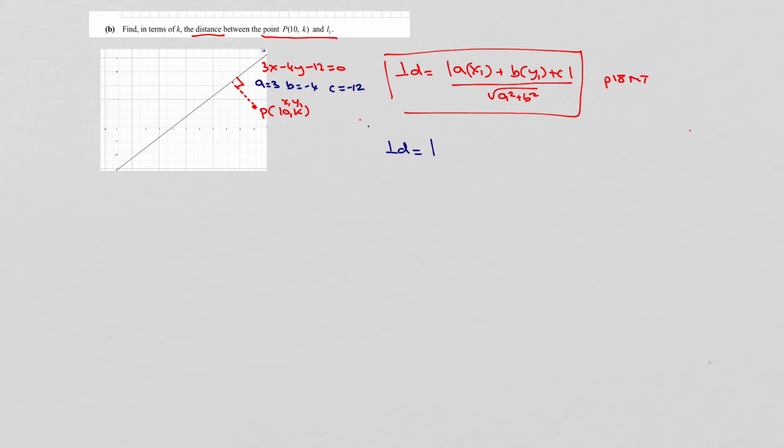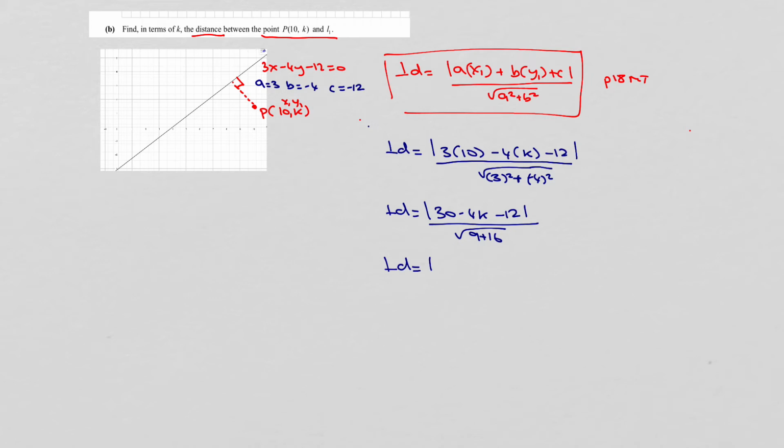So we have A is 3 times x1, B is -4 times y1, plus C, and that's all over the square root of A squared plus B squared. So if we simplify the top line there, we end up with 30 minus 4k minus 12 all over the square root of 9 and 16.